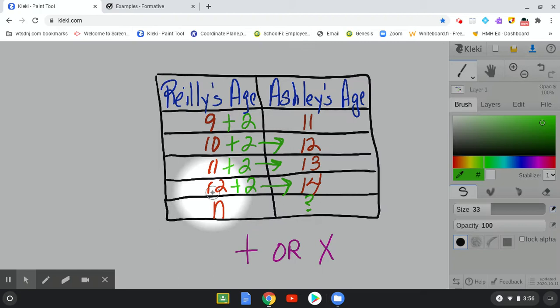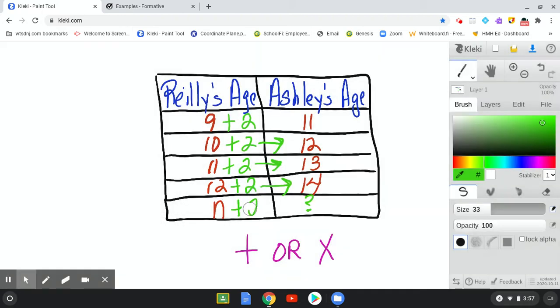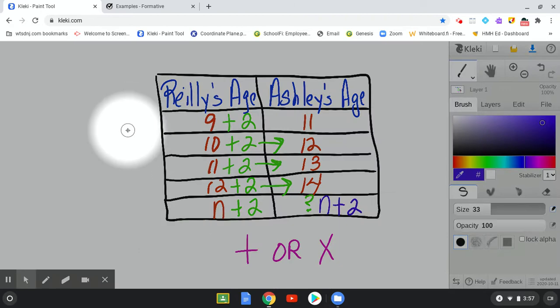So now I know the algebraic expression is going to be my n, my variable, or Riley's age, plus 2. So my algebraic expression is going to be n plus 2. Okay? And basically what that is saying is when Riley's age is n, Ashley's age is n plus 2. Okay? So let's try another example.